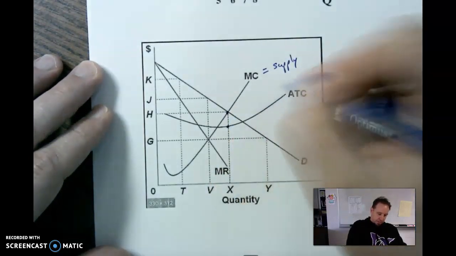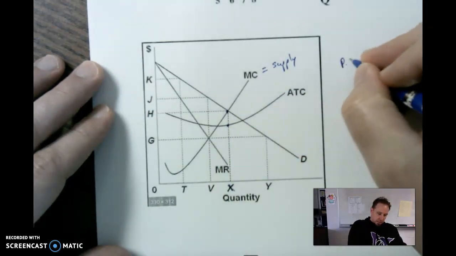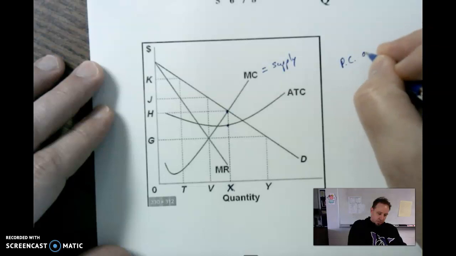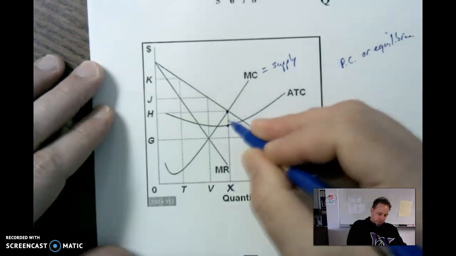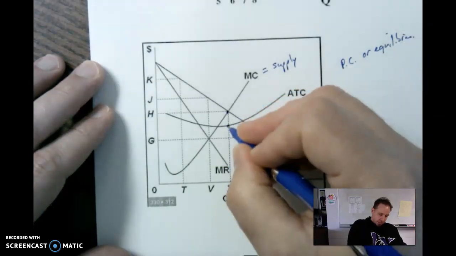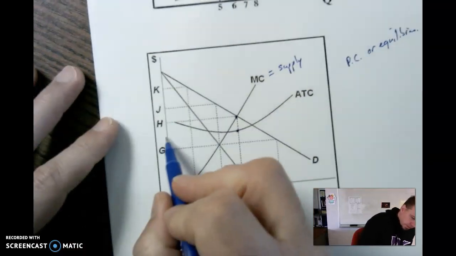My output in this situation would be X in perfect competition, or at equilibrium. My costs are going to be at this level here.